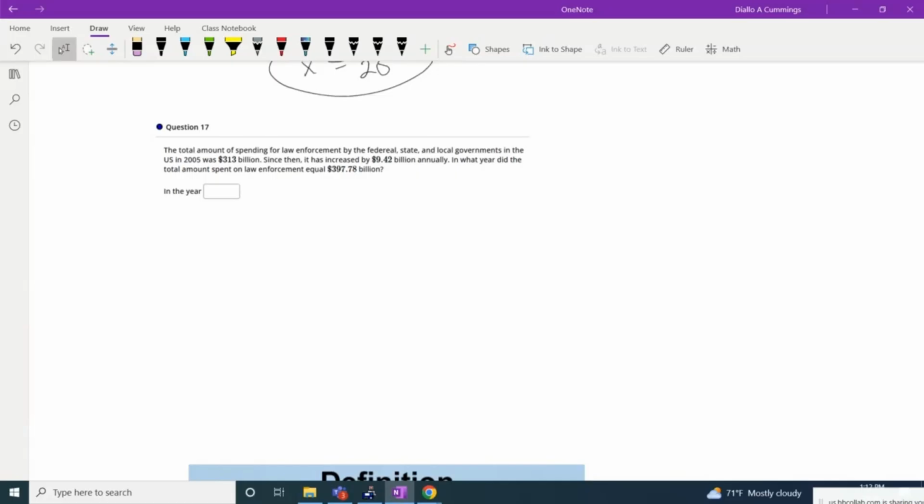So first, when you set up an equation, you have a fixed amount, and a fixed amount is something that's not going to change. Plus or minus, because it all depends upon what you're dealing with. A variable amount.